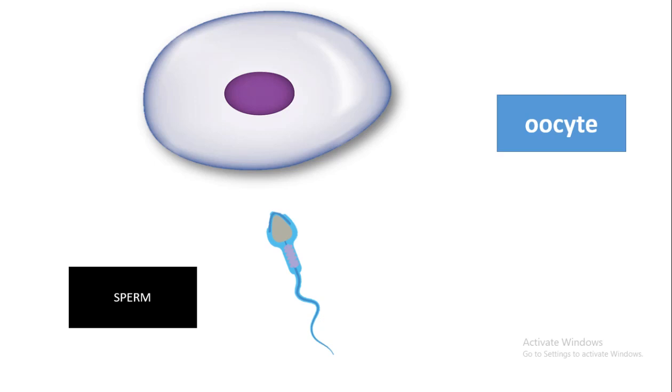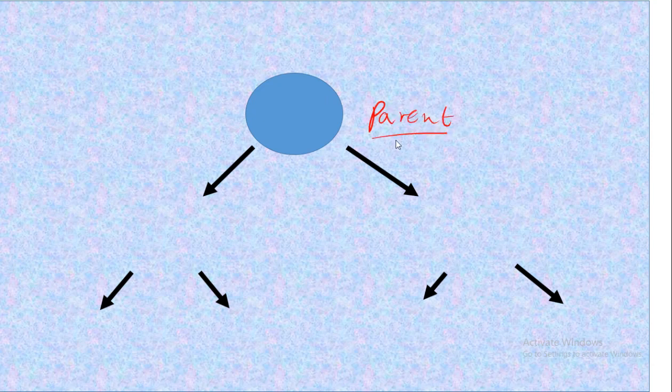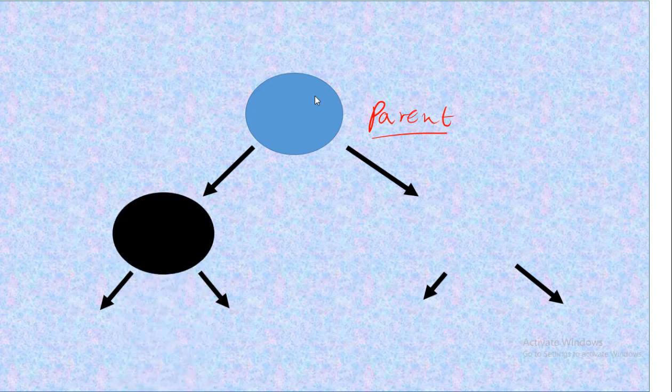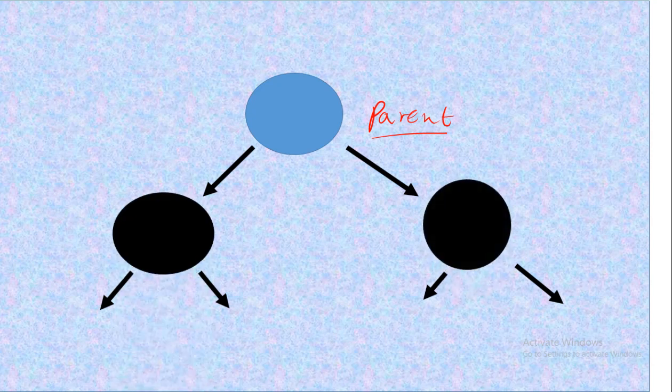Let me quickly give an overview of this process of meiosis. When you look at the process of meiosis, you have the parent cell. This parent cell is going to give out two cells. From this point to that point, like we said in the previous video, this is meiosis 1.